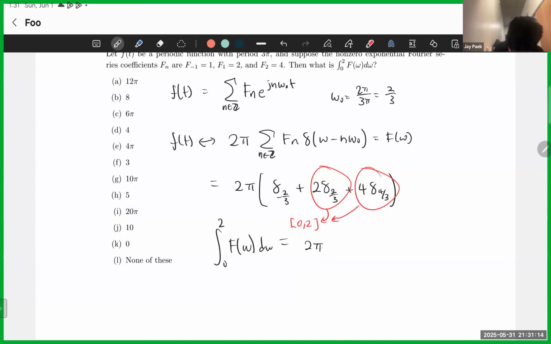And so it's just 2 pi times, yeah, I'll just write it out.